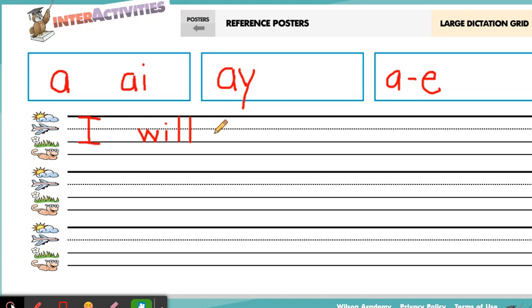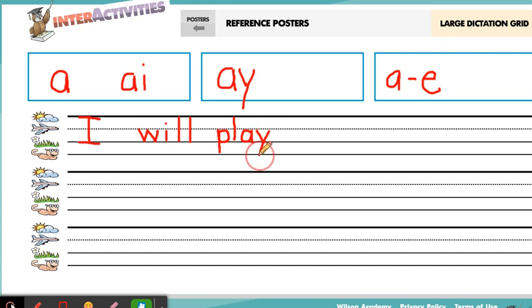Play is a plain line letter. You start at the plain line, you go down to the worm line, trace up and around to the grass line. P, L, A. I hear the L. And the one that you would use would be this one right here because that's the way you end the A sound in a word, play.